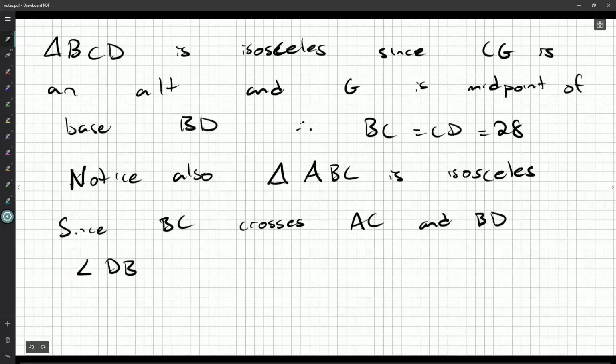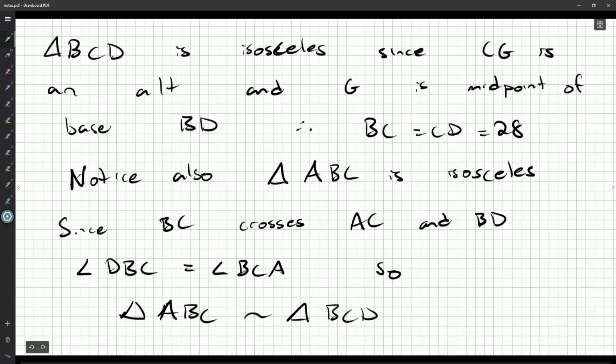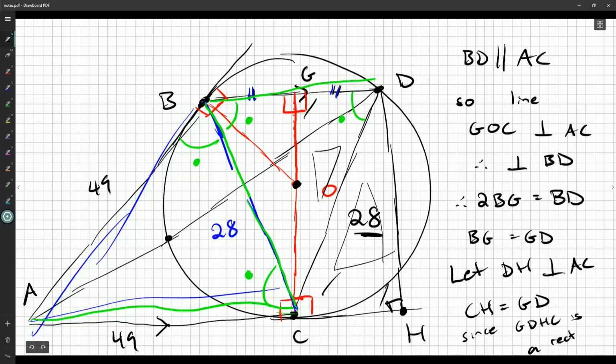But angle DBC is equal to angle BCA, and from there, I'm not going to completely flesh this idea out, but triangle ABC should be similar to triangle BCD, and we know all the sides of ABC, and we're missing one side for BCD, which is BD.